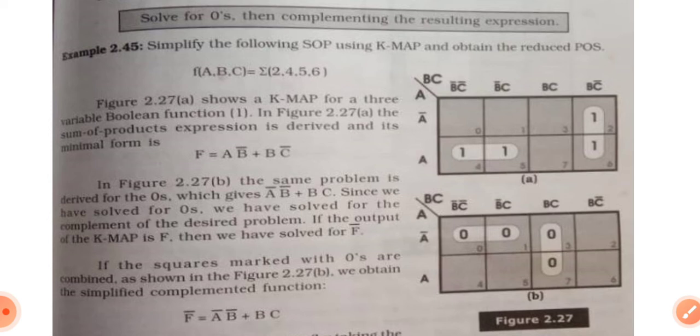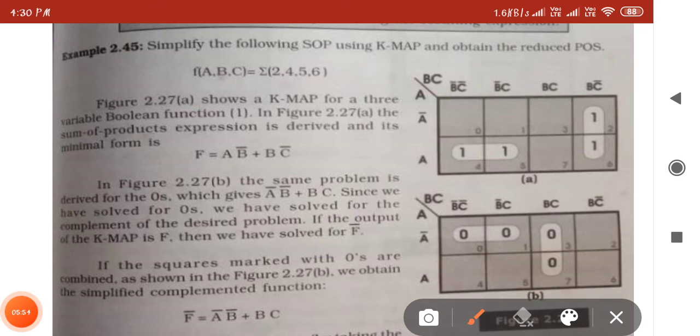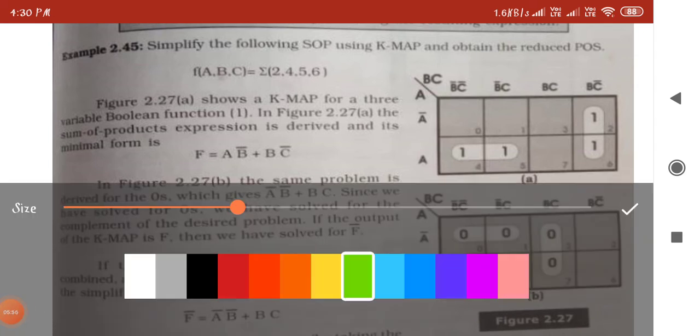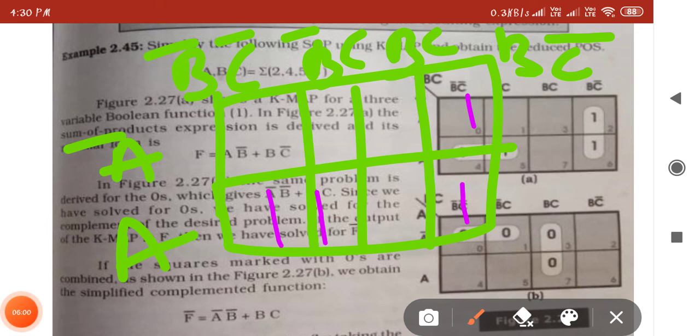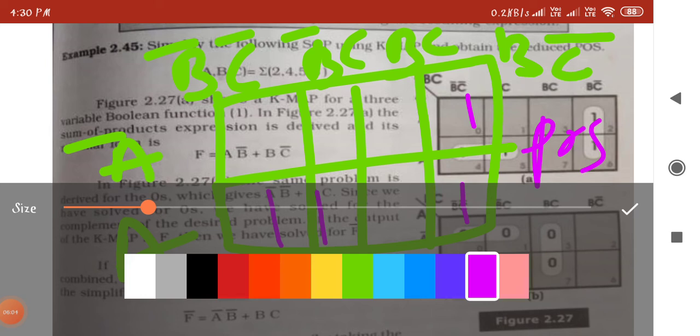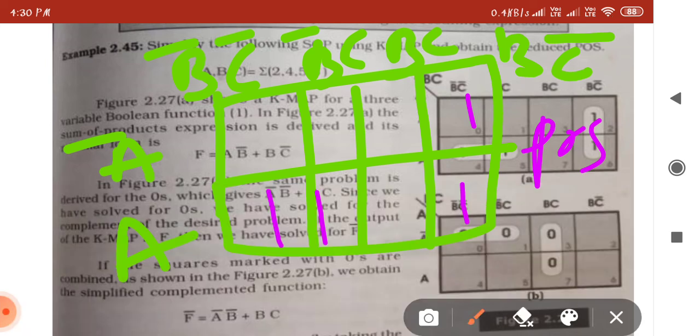What we have done is the POS equation. In the SOP we have to see the zeros. This is one pair and this is one pair. Let us see how the equation will come.